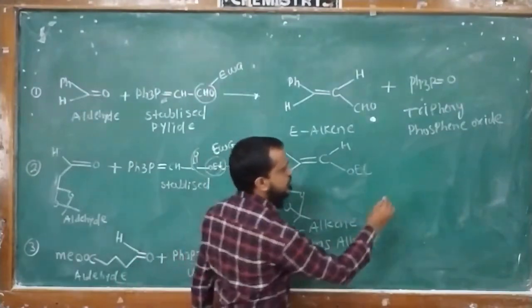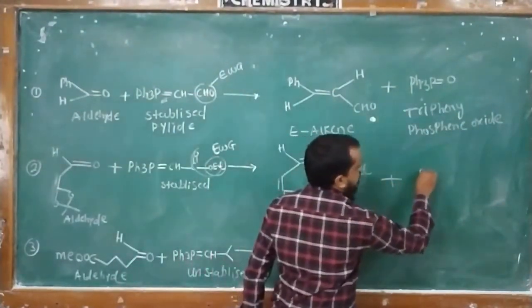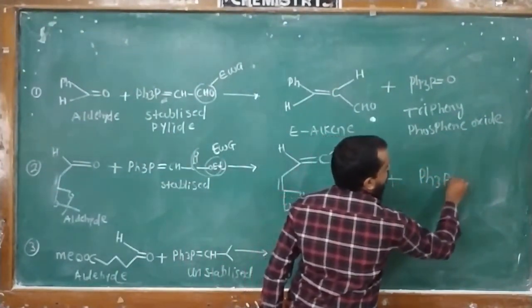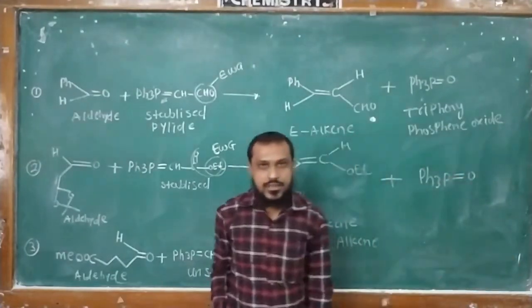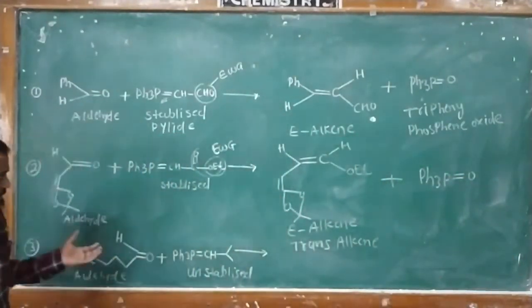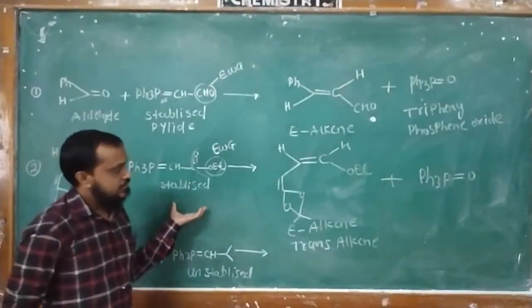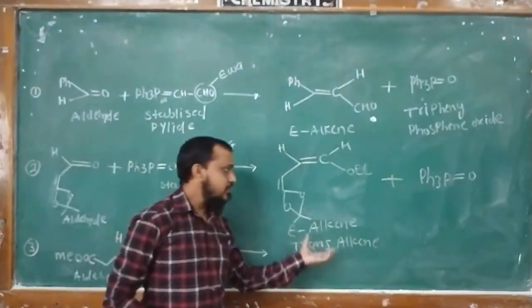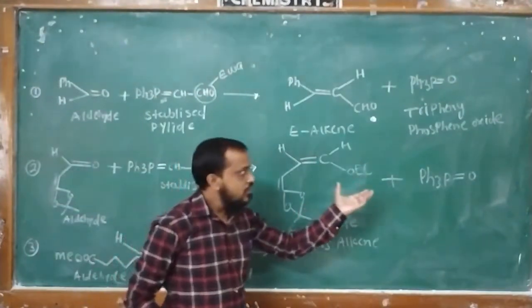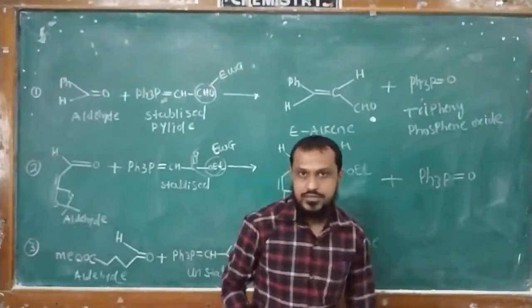And another product obtained is triphenyl phosphine oxide. So in the second reaction, the aldehyde reacts with a stabilized phosphorus ylide, and we get the trans or E alkene and also triphenyl phosphine oxide.